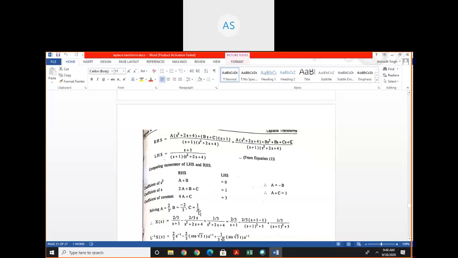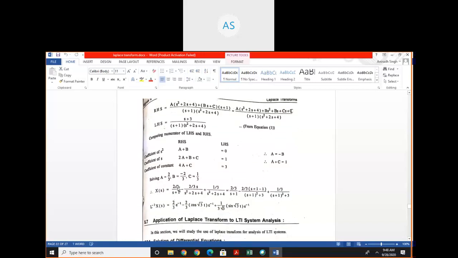In this case, 2a plus b plus c, and on the left side s is multiplied by 1. So 2a plus b plus c is equal to 1, and similarly for the constant, 4a plus c is equal to 3.